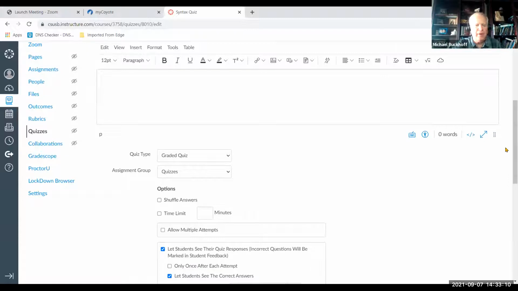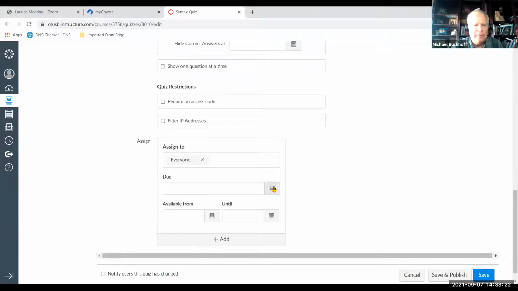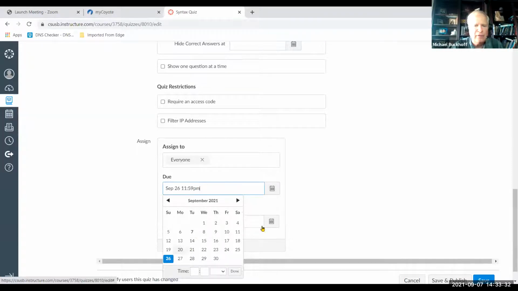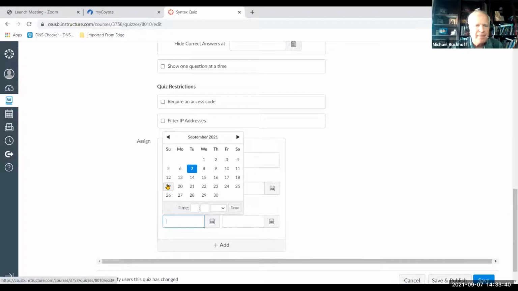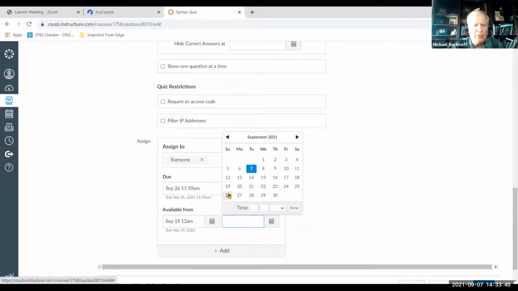So it says time limit. I'm going to say 2 hours, no more than 2 hours. Assigned to everyone. So it's the week of the 21st. So let's say it'll be due the 26th, like on a Sunday. Okay, so it'll be available the 19th through the 26th.